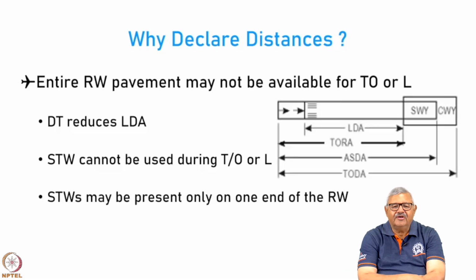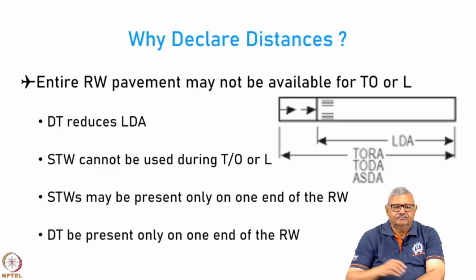Similarly, stopways could be present on one end, both the ends, or they may not be there. In this example, we are seeing stopway and clearway only at one end. Also, the displaced threshold may be present at only one end of the airport, as shown in this particular case.